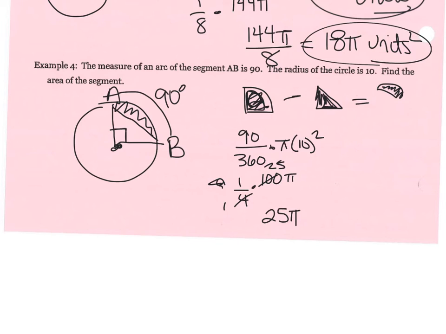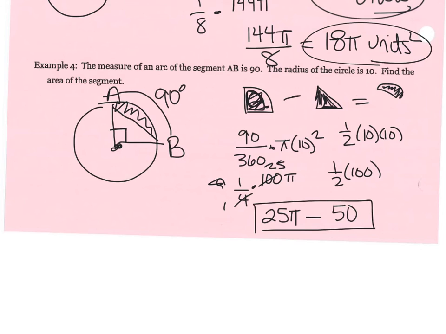The area of the triangle would be 1/2 your base, which is 10, times your height of 10. So we have 1/2 of 100, which would be 50. When we subtract these, you get your area, units squared.